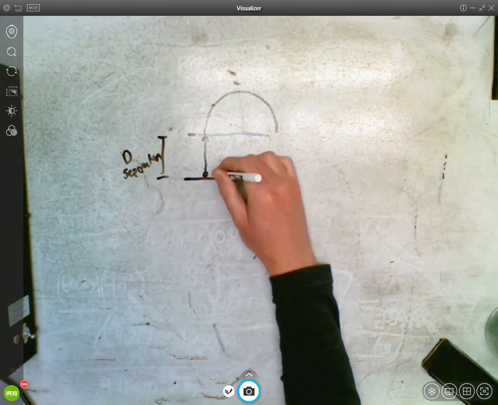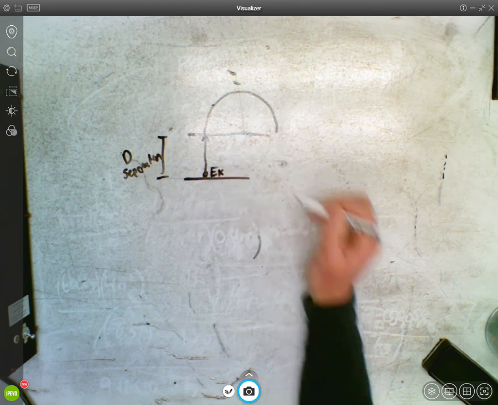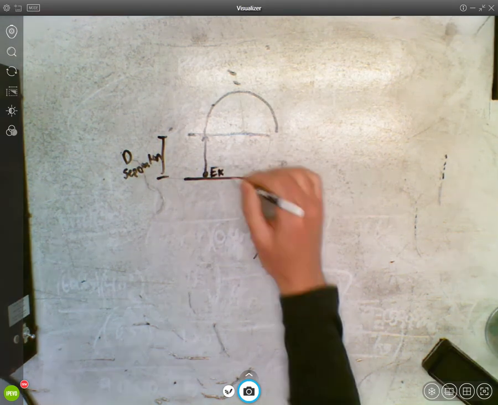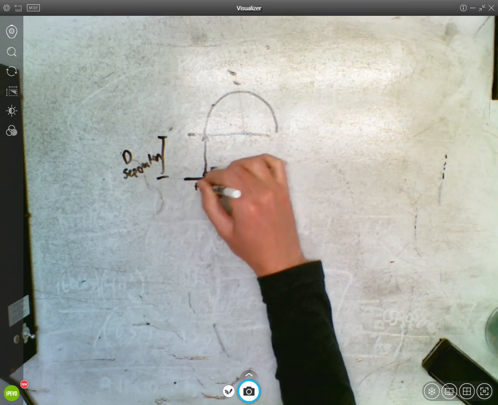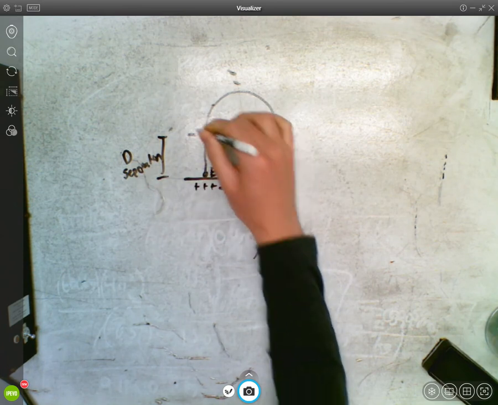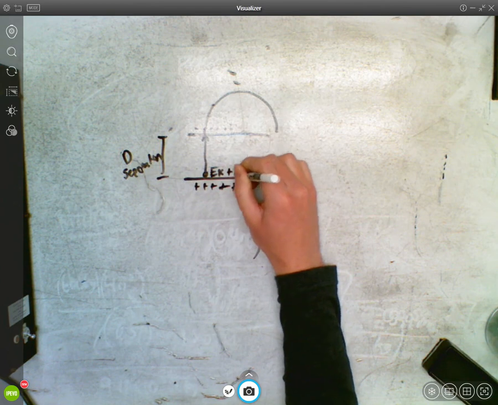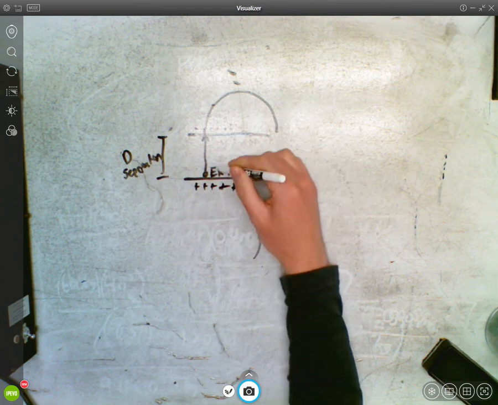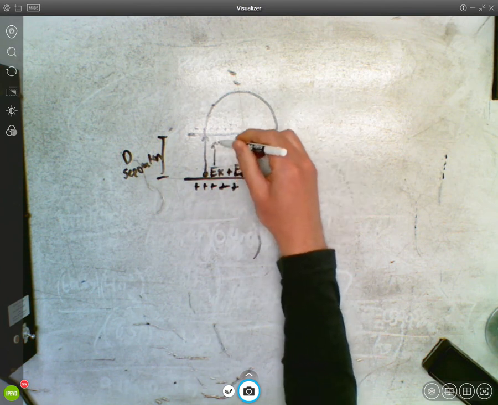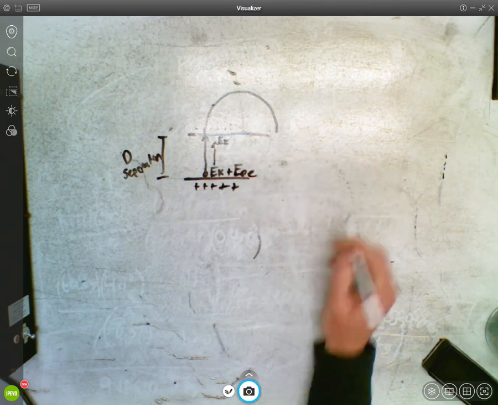The proton is moving, so it has kinetic energy here, right? But to make that proton accelerate, we would make this plate positive and this plate negative, so it would also have electric potential energy. And then as it goes here, it's just going to have kinetic because it's where it wants to be.